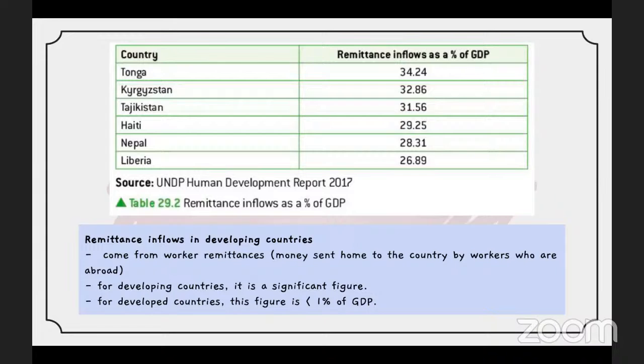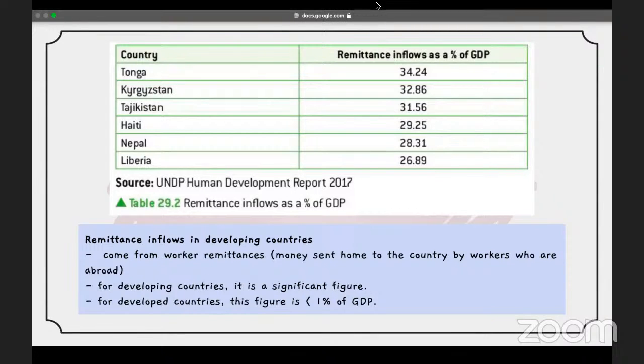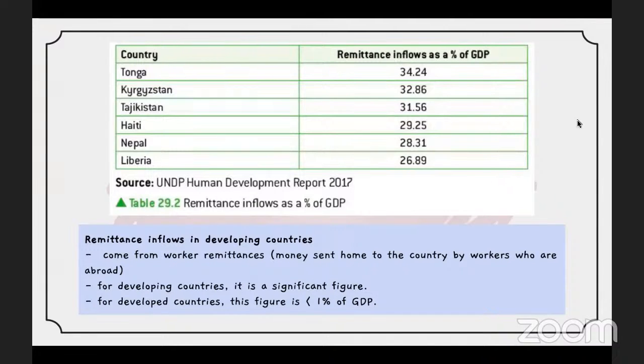Habis if you're looking for job opportunities between US and UK, which one is more welcoming of foreigners? US is more welcoming of foreigners compared to UK, right? So they have all sorts of people working in US, and because of that they have huge remittance keluar. So kita pun banyak remittance keluar, but in terms of value may not be as much as the US.